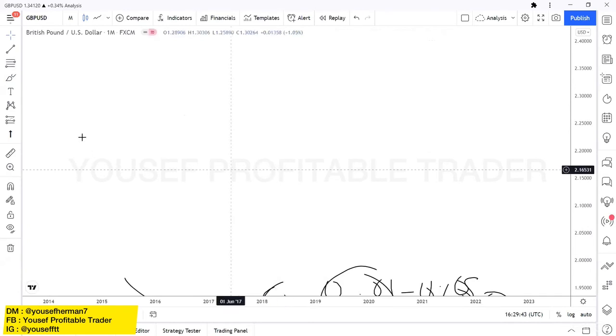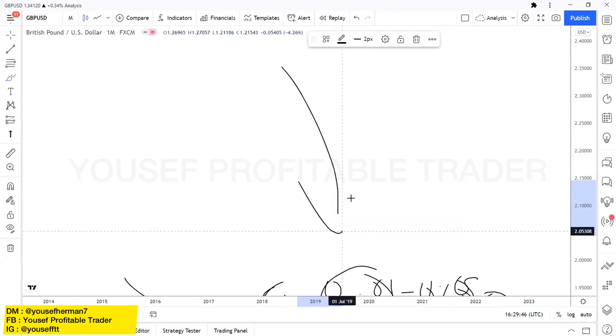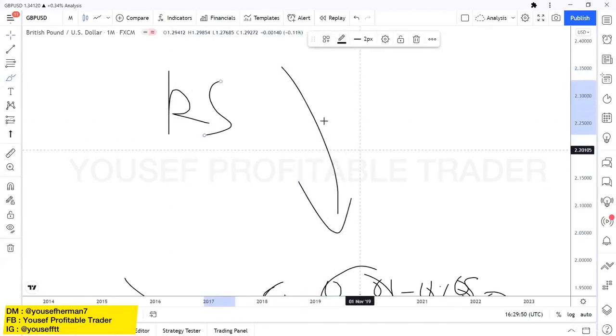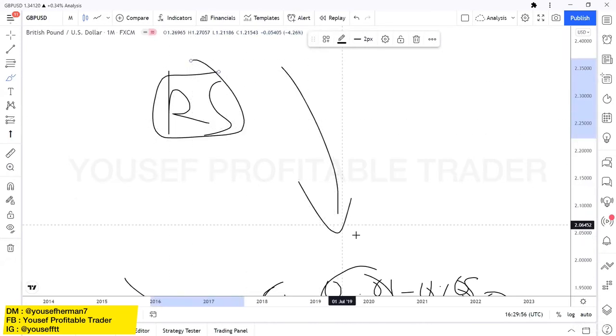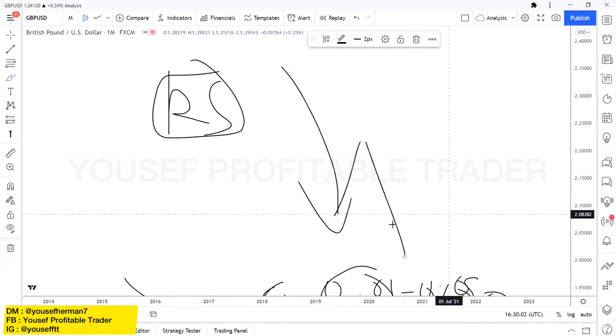When there is an indication that price wants to go down, which is the reversal candle that you asked about just now, then there is a stronger indication, which will also make you confident to take a sell trade.